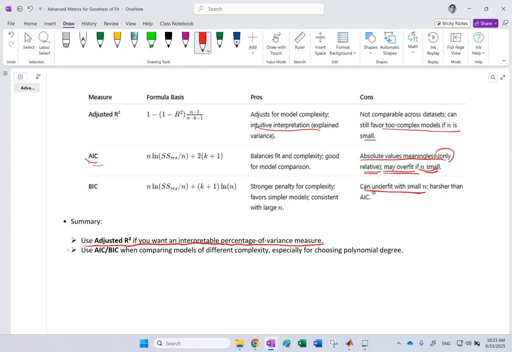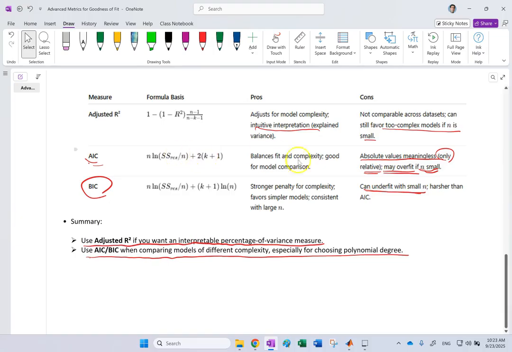But if you want to see the peak point, the best model, AIC and BIC are a lot more sensitive to it, especially when n is large. BIC is the better method to go. When n is small, each one of them can have some problems. One of them can overfit, one of them can underfit.